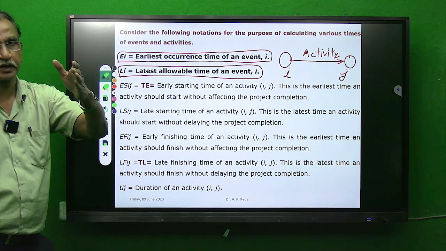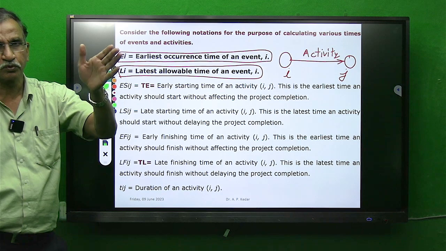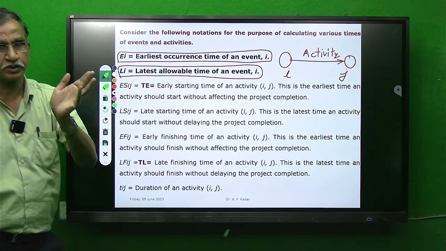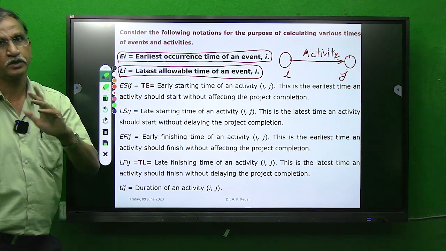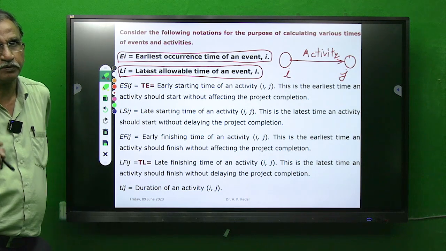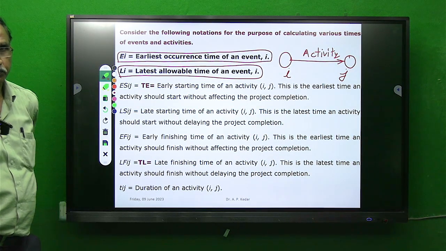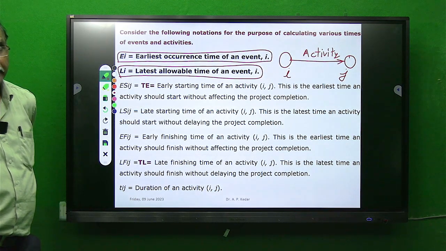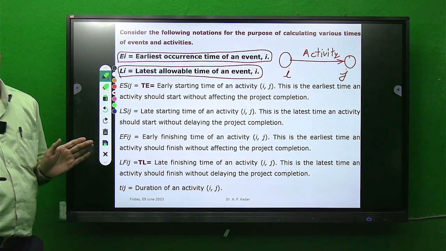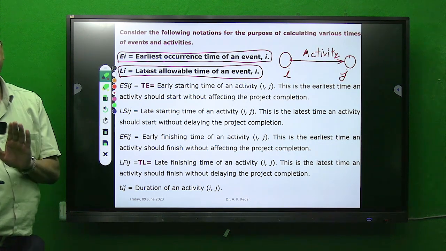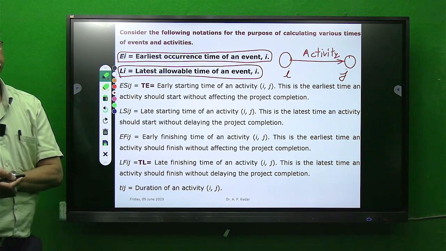If it is given activity 1 to 2, or activity 3 to 4, then 3 is I and 4 is J; for 1 to 2, 1 is I and 2 is J. So for an activity with basis I J, I is the first event, the starting event, and J is the second event, the ending event, and in between is the activity.